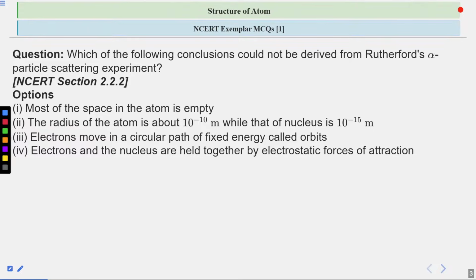Second, the radius of the atom is about 10 to the power minus 10 meter, while that of the nucleus is 10 to the power minus 15 meter. Third, electrons move around in a circular path of fixed energy called orbits. Fourth, electrons and nucleus are held together by electrostatic force of attraction. So I would suggest you write the correct answer by yourself. Your time to solve this question starts now.